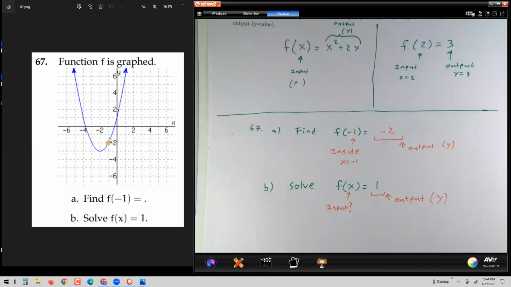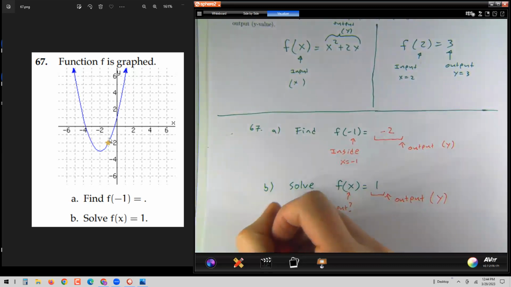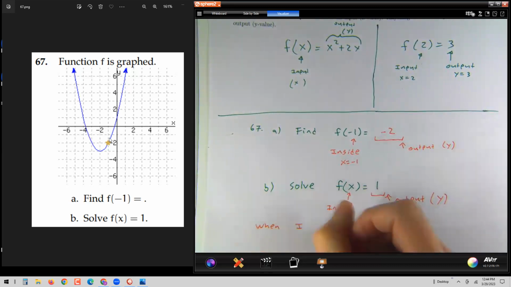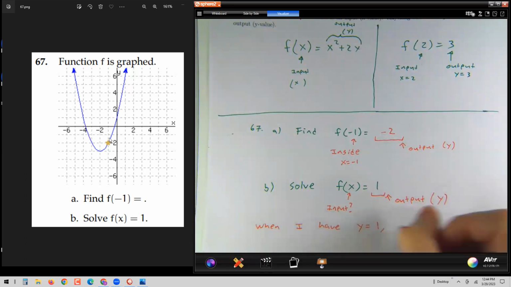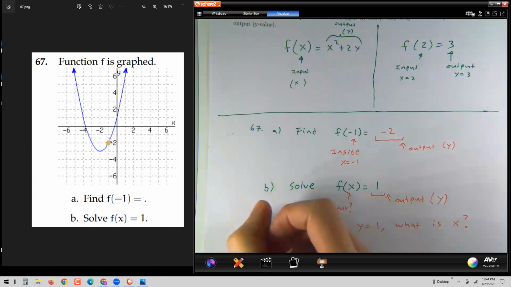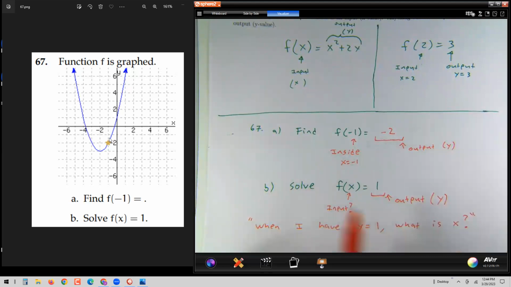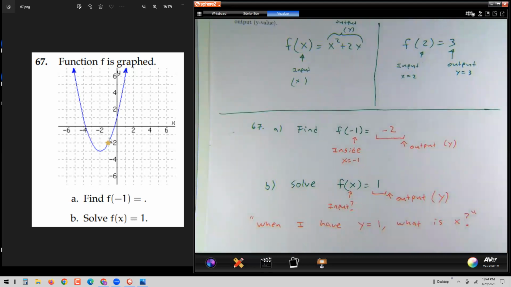So another way to phrase this question is, when I have a y value of 1, what is the value for x? So that's another way of saying solve f of x equaling 1.